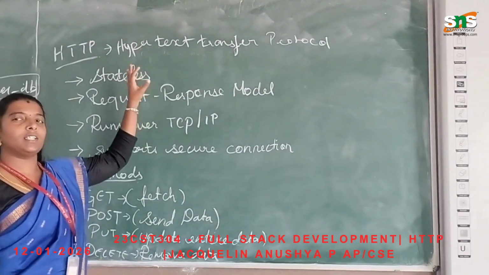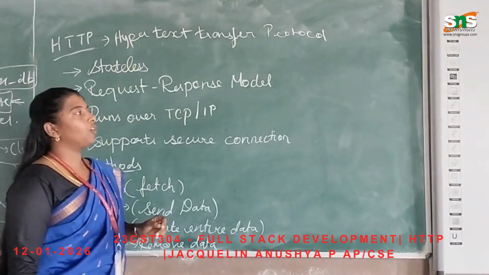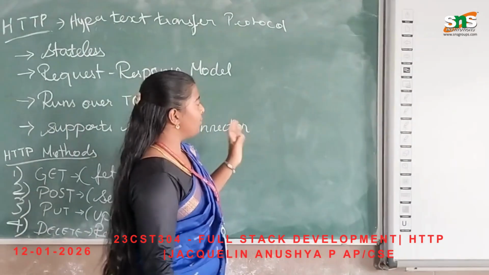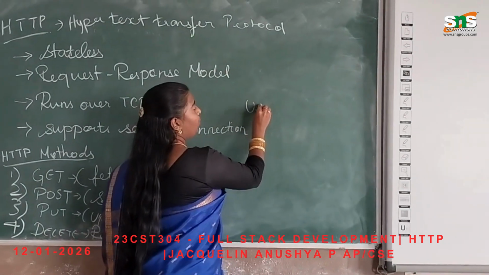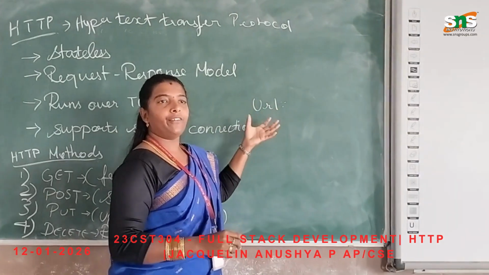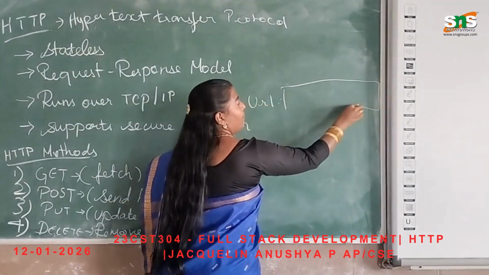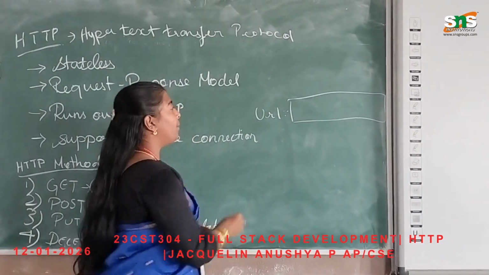Okay, so what is special in this Hypertext Transfer Protocol is, if you look in your Google, you will have a URL, that is a Uniform Resource Locator, where everything will be searched under this specific bar which is given in your computer.